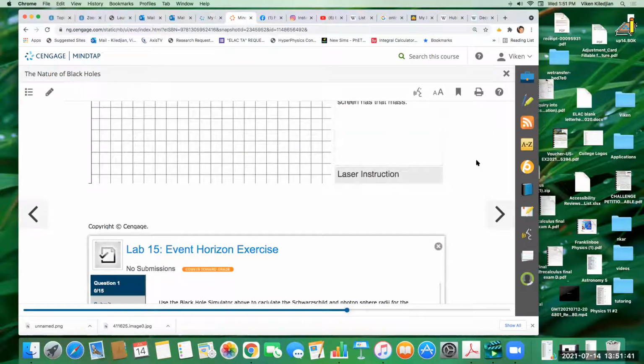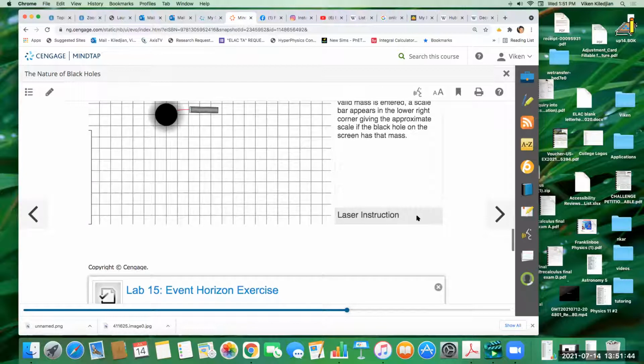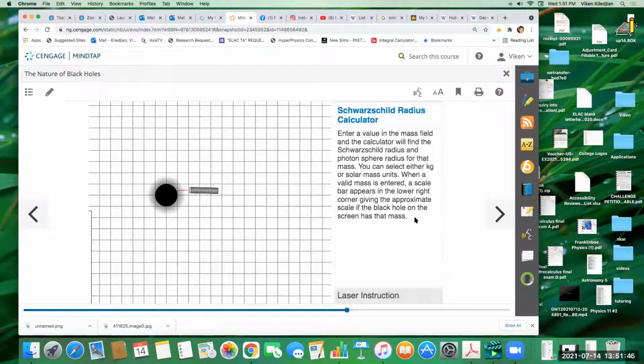Schwarzschild radius. Enter a value in the mass field and the calculator will find the Schwarzschild radius and photon sphere for that mass. You can select either unit. When a valid mass is entered, a scale bar appears in the lower right corner, giving the approximate scale if the black hole on the screen has that mass.